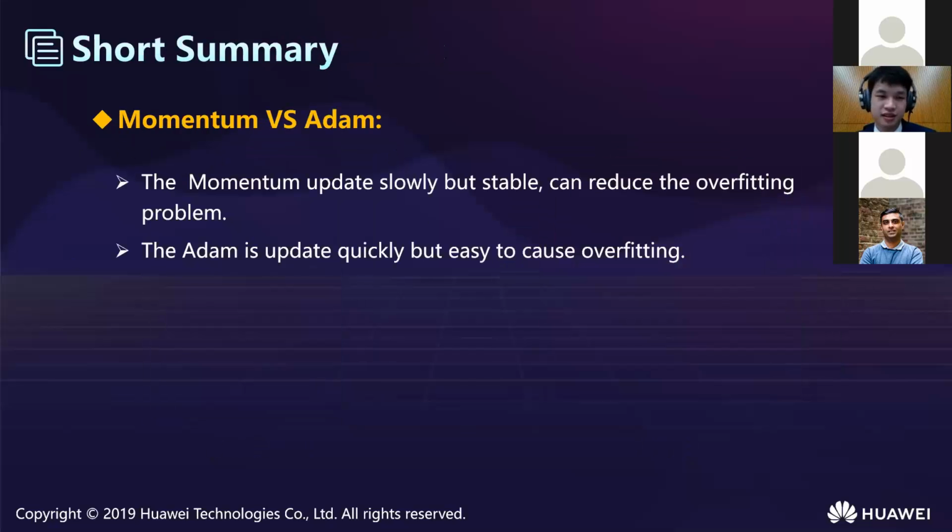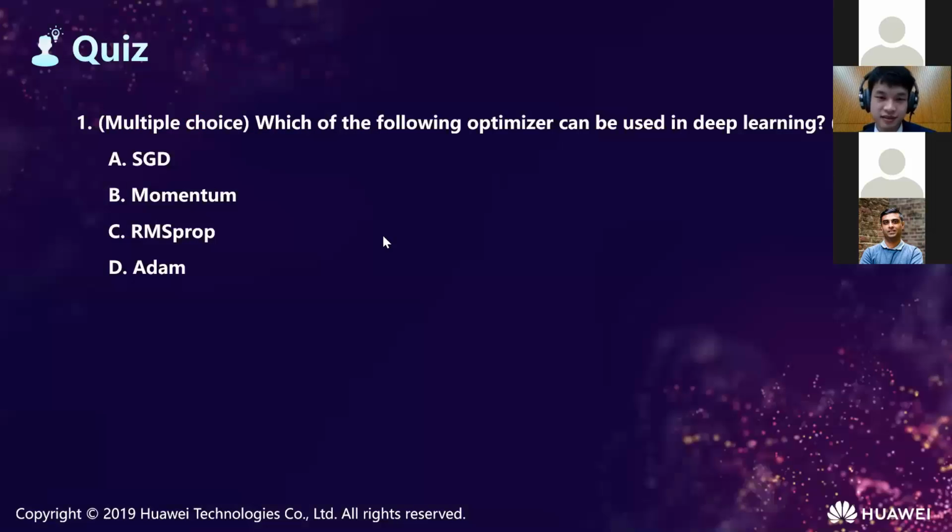Okay, so that's a short summary. The momentum updates slowly but stably and can reduce the overfitting problem, but Adam updates quickly and is easy to cause overfitting. Can you understand? Yes. Okay, so the quiz. Which of the following optimizers can be used in deep learning? Actually, all of them.